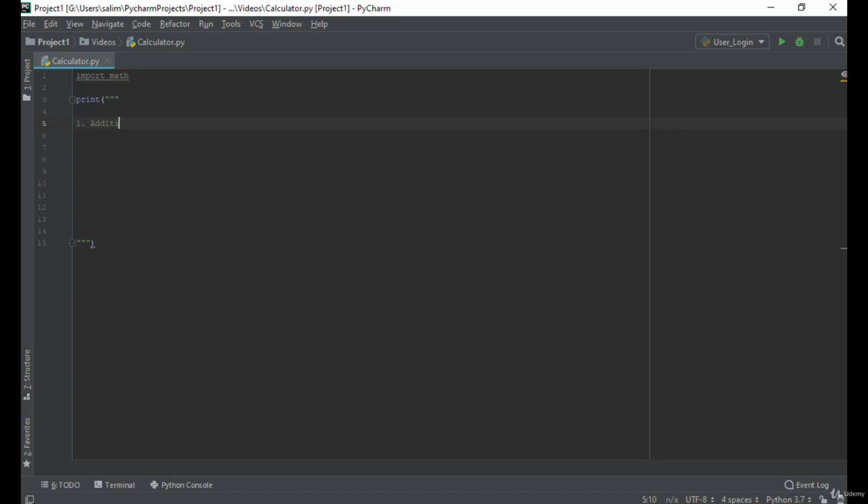One, addition. Two, subtraction. Three, multiplication. Four, division. Five, exponent. Six, calculate BMI.